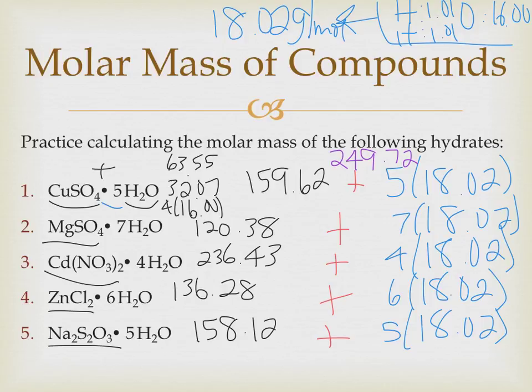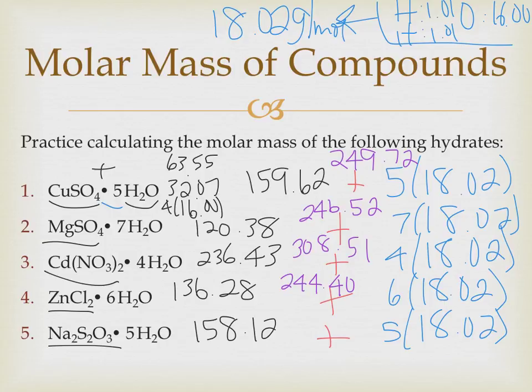For number 2, 7 times 18.02 plus 120.38 is 246.52. 4 times 18.02 plus 236.43 gives us 308.51. 6 times 18.02 plus 136.28 is 244.40.